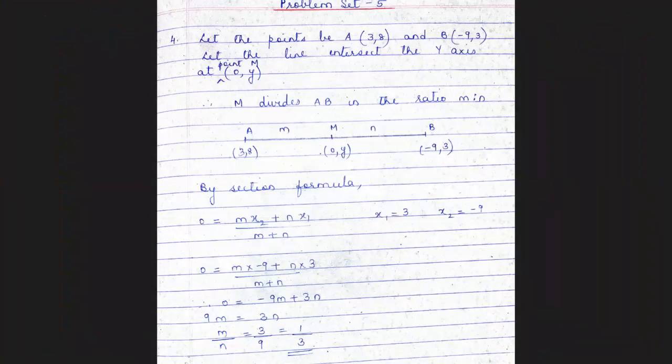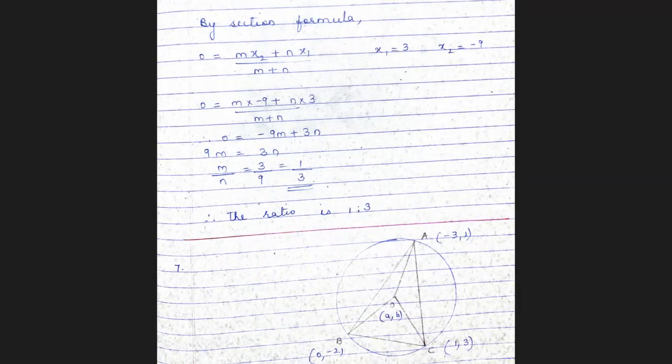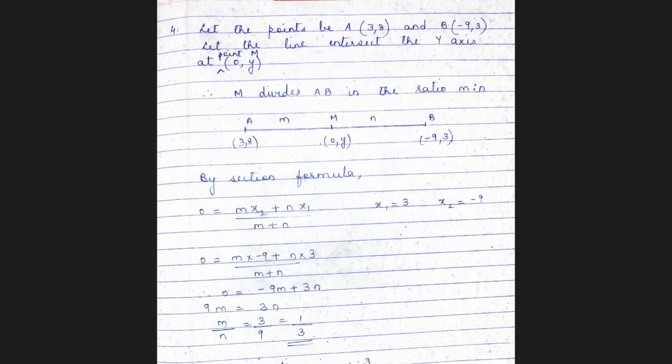Now M divides AB in the ratio m is to n. So using the section formula, the x coordinate is equal to mx2 plus nx1 upon m plus n. Now here x1, y1 is 3, 8 and x2, y2 is minus 9, 3.